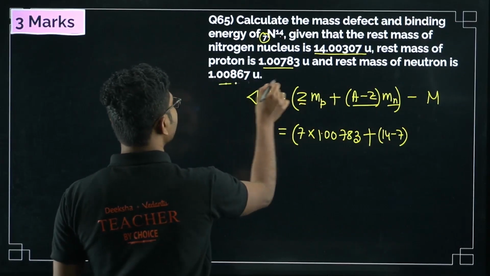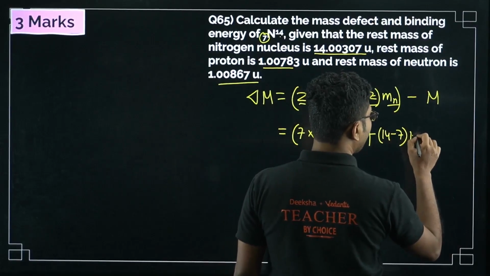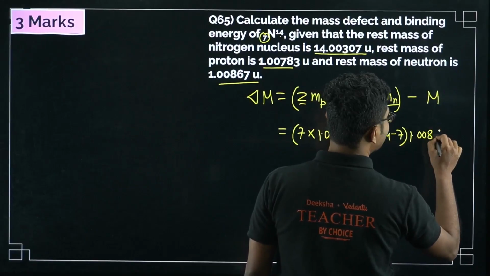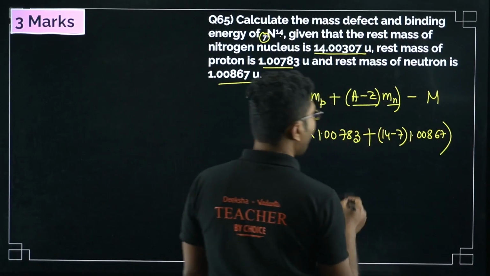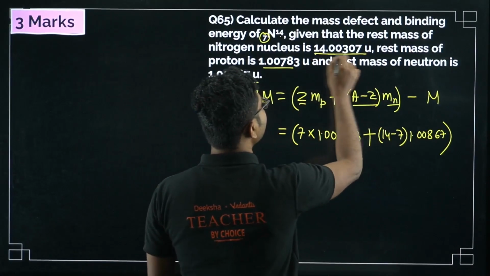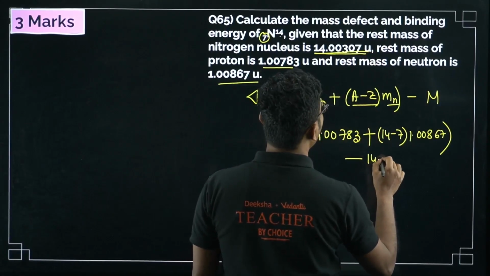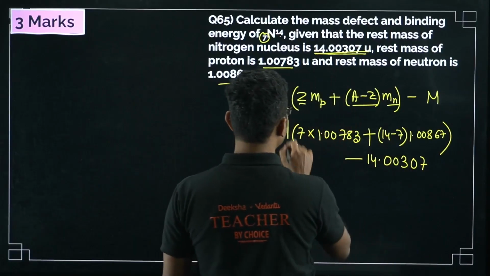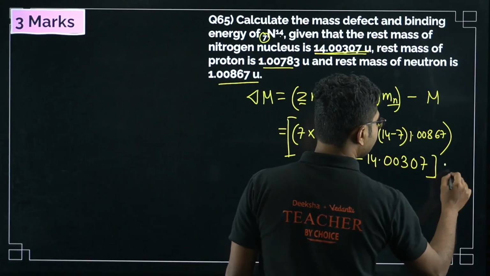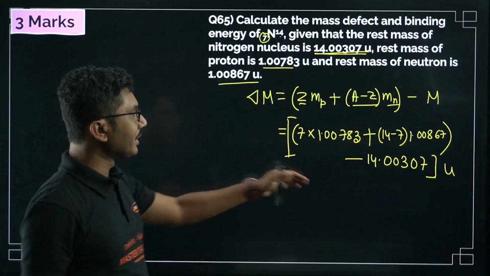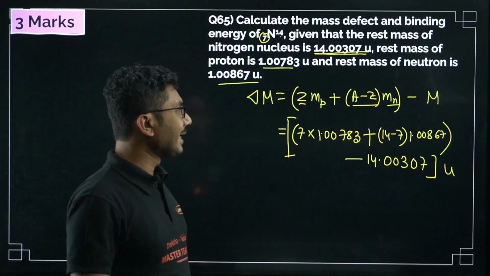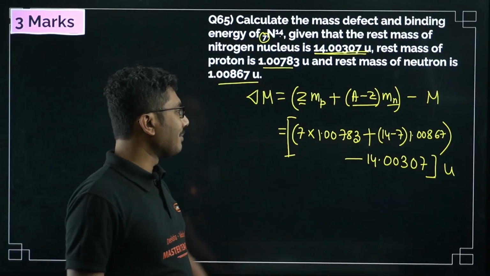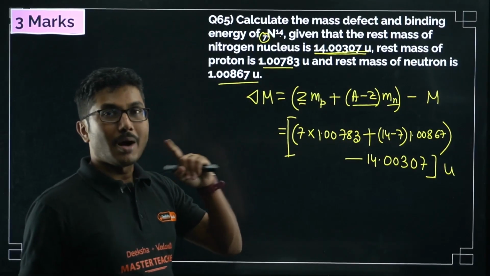The mass of the neutron is also given, 1.00867, minus the mass of the atom, which is given as 14.00307. The unit will obviously be atomic mass unit. This is the mass defect. Whatever value you get is basically 0.121 if I remember correctly, but I might be wrong. That will be the mass defect.